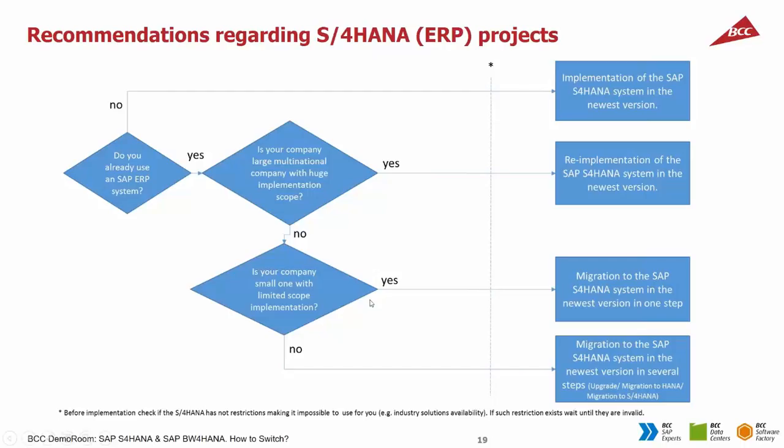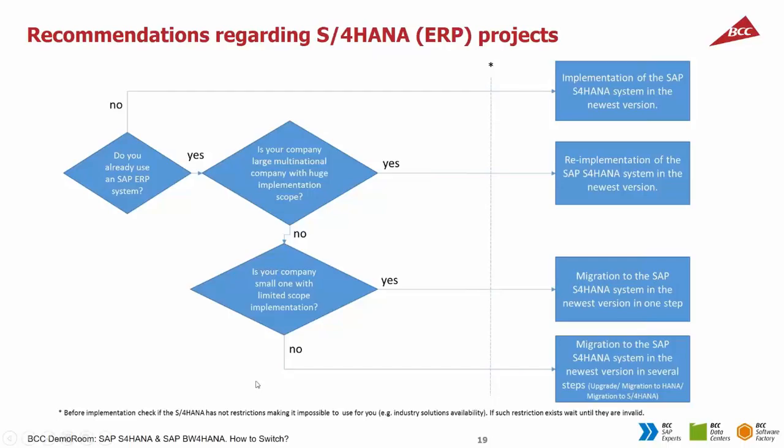If you are a middle-sized company, then you perhaps do a migration in several steps, migration to SAP HANA platform and then to S4HANA system. And if you are a small company with a limited scope of implementation, then you can do the migration in one step.